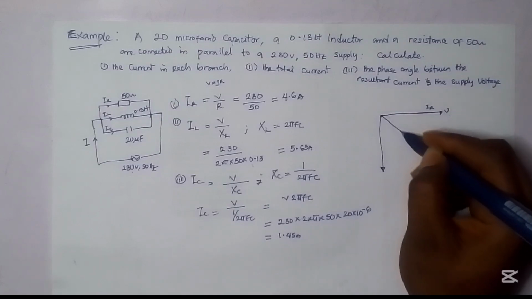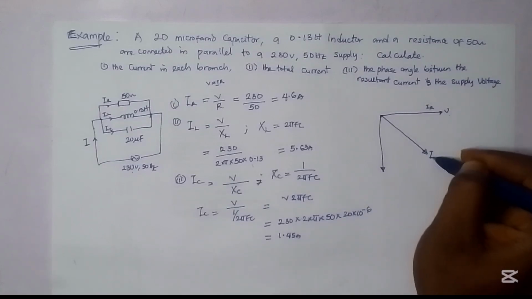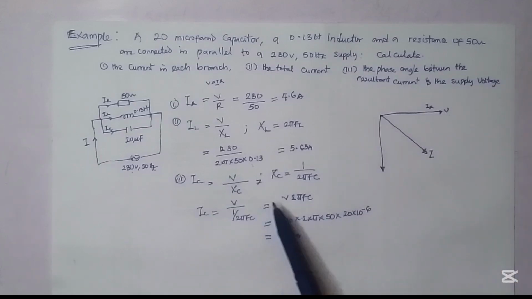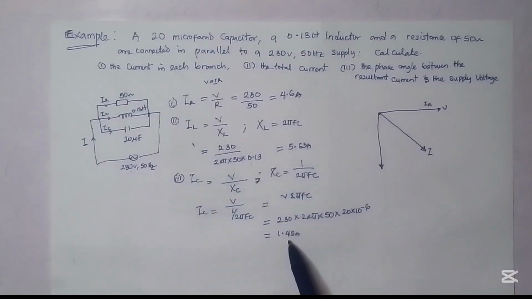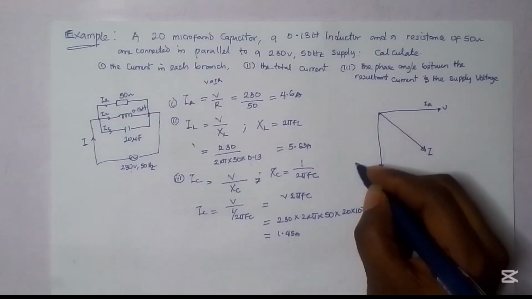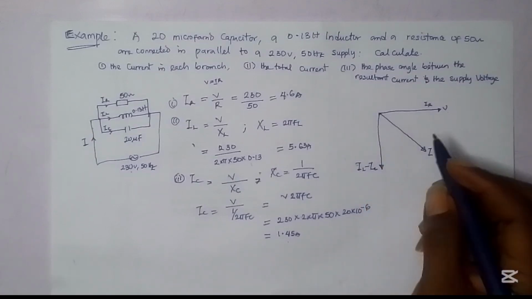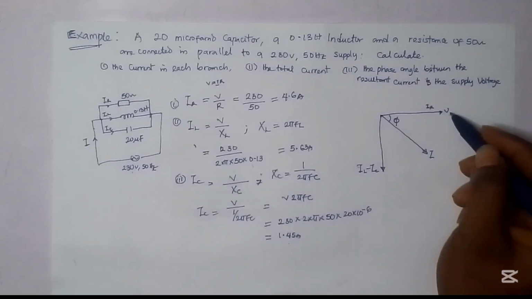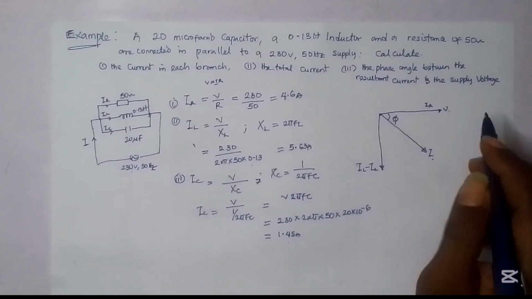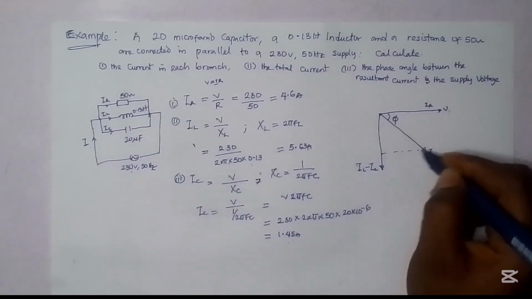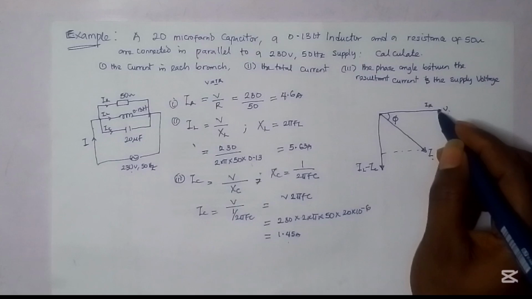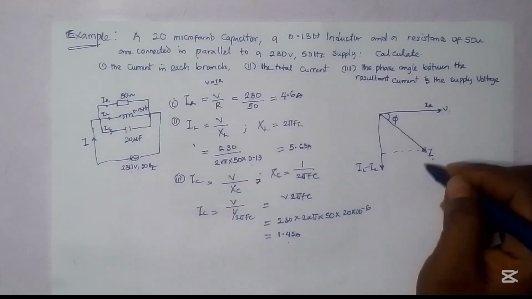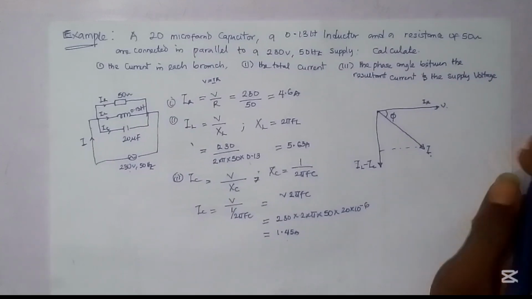So the resultant current will be this way, which is I. In this case, you can see clearly that the value of our IL is greater than IC. So we say IL minus IC here. And this is our phase angle, which is the angle between voltage and the resultant current. We can see that IL minus IC happens to be the opposite, we have our adjacent as IR, and I becomes the hypotenuse.